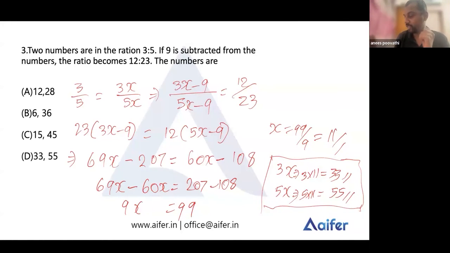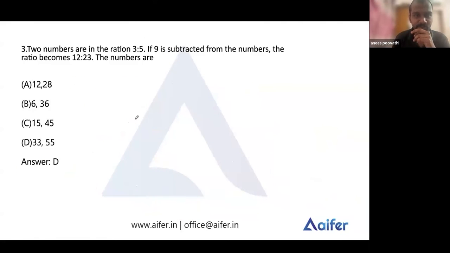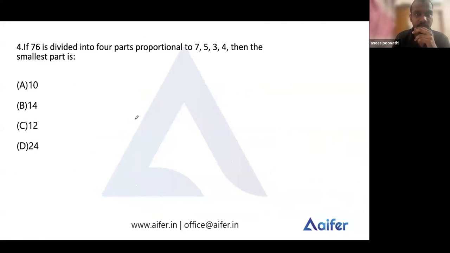So we have option D, 33 and 55, as the correct answer. I hope it's clear. Yeah, most of you have given the correct answer. No more doubts. Moving to the next type of question.